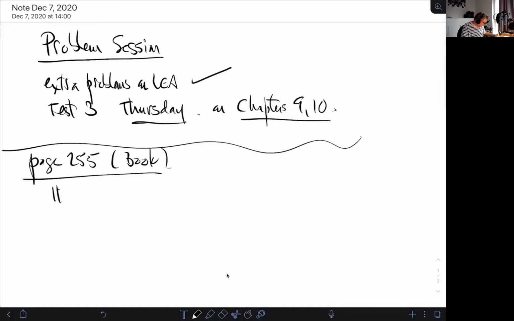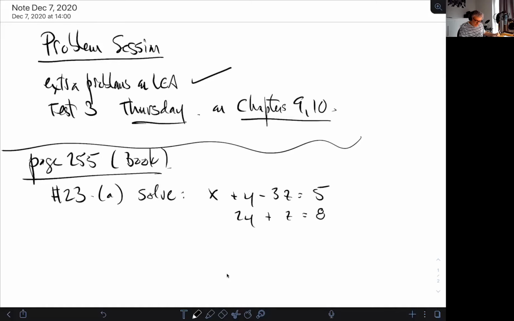This is number 23, A. We're asked to solve the following system: x plus y minus 3z equals 5, 2y plus z equals 8, and 3z equals 6.